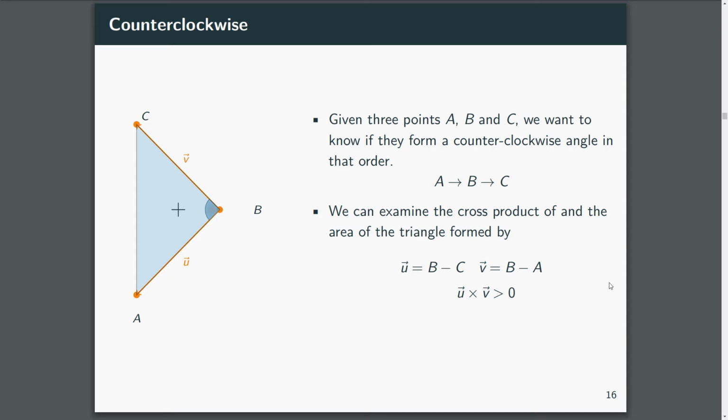So we examine whether the cross product is positive or negative, or maybe it's 0. And this will tell us if it is a counterclockwise or a clockwise angle. If the cross product is positive, then it is counterclockwise. If it is negative, it is clockwise.